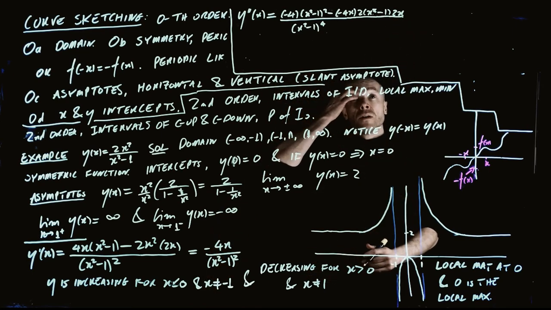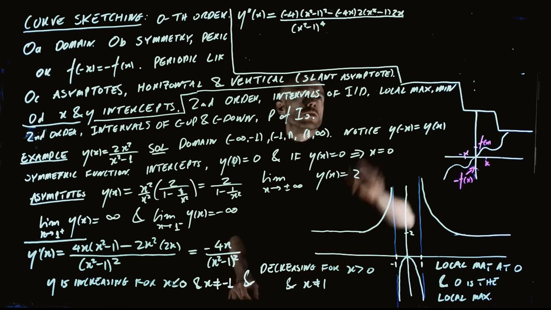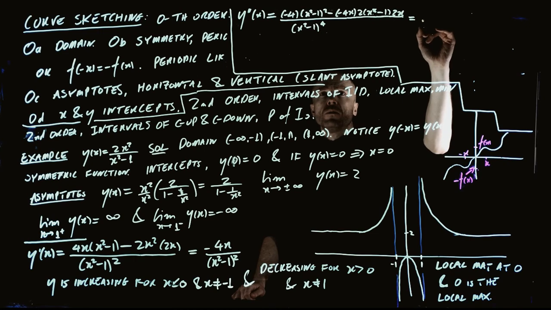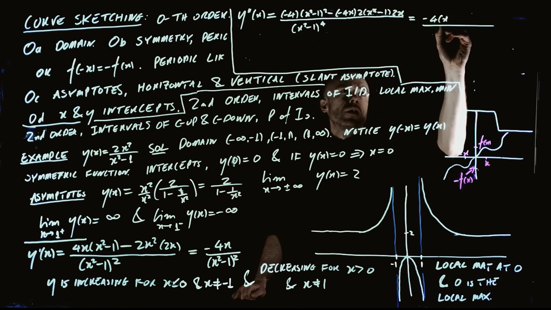So what's that? Well, I want to factor out an x squared minus 1 from the top and cancel it with the bottom. And then that's just going to leave me with minus 4 x squared minus 1.